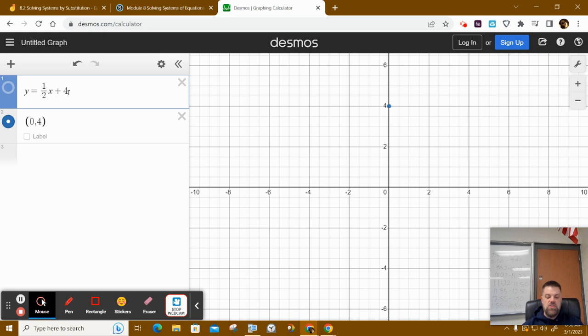So if I were to change this to -5, I'd have to move this to -5. Does that make sense? It's just the way that it works. So when we have this function, whatever this number is, we go to that number on the y-axis and we put a point. Okay, I'm going to switch it back to 4. That's just the way it is.